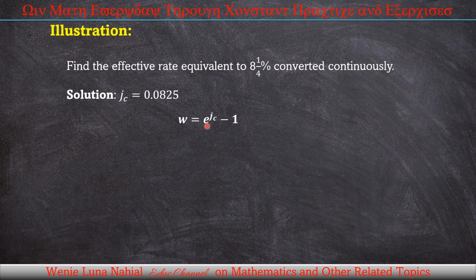Using the formula for the effective rate, w equals e raised to j sub c minus 1, we substitute e by 2.71828, then j sub c by 0.0825, minus 1. So you get 8.60%.